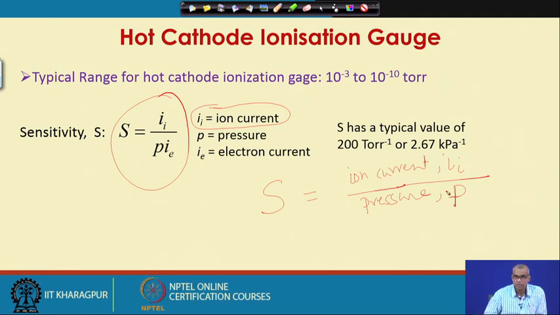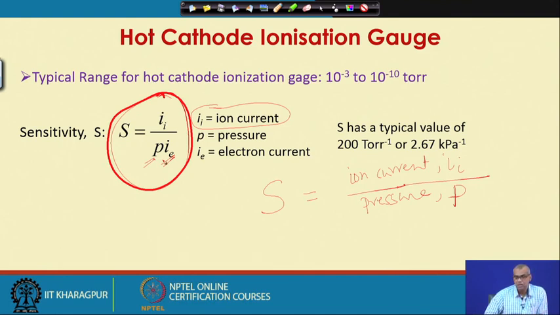But typically, instead of expressing the sensitivity of an ionization gauge as I by P, that is ion current divided by pressure, we express it as ion current divided by pressure into electron current. That way the sensitivity value becomes independent of electron current.